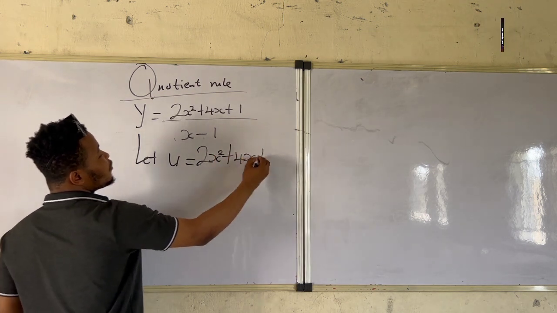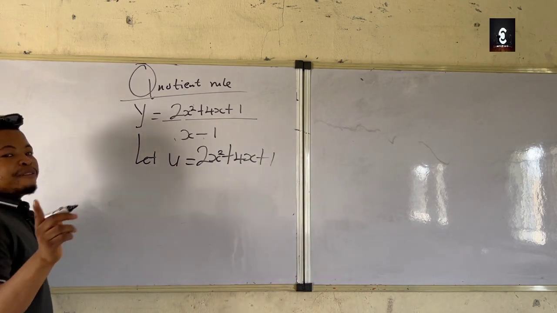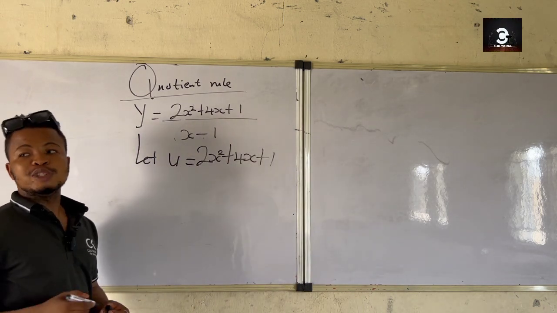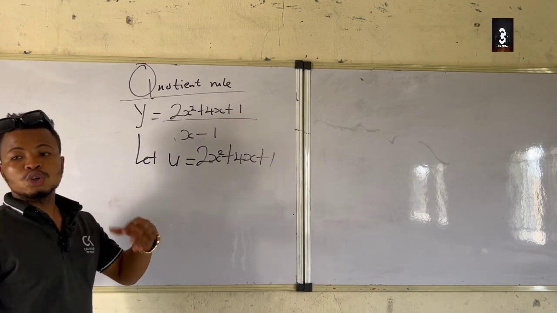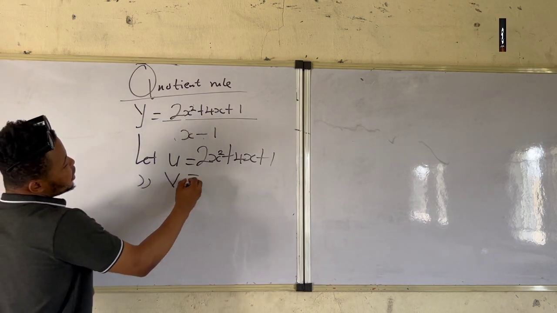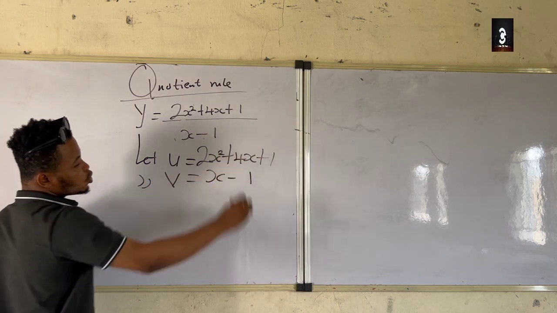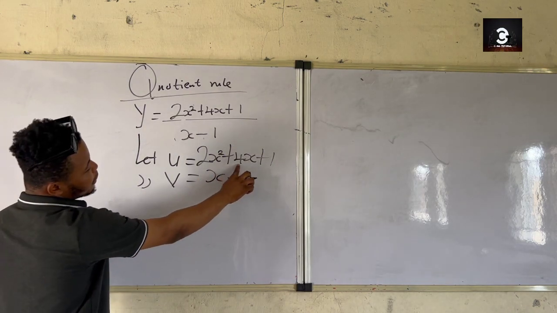If you have not watched my video, you can go back to my previous videos on the general method of differentiation and product rule. All those videos will enable you to understand this. So let v be x minus 1. If it is that way, I want to differentiate u in respect to x.